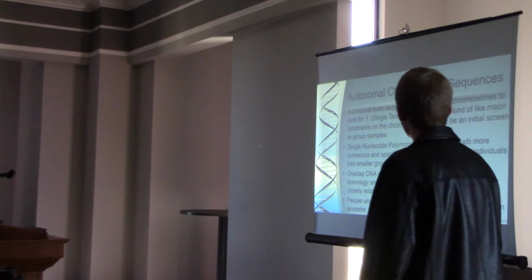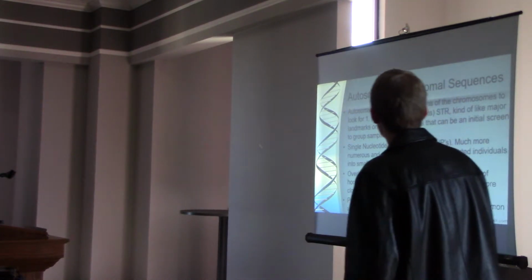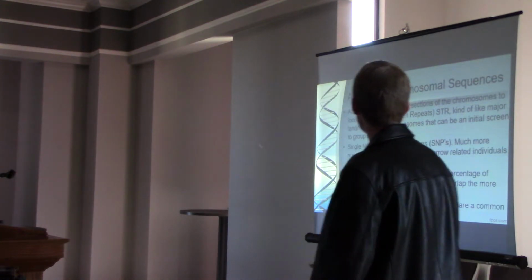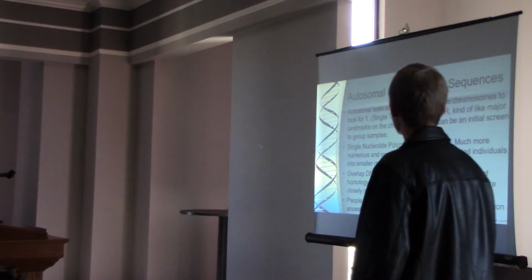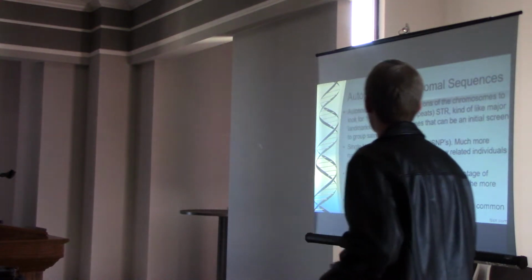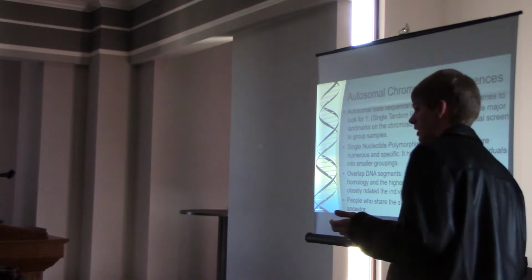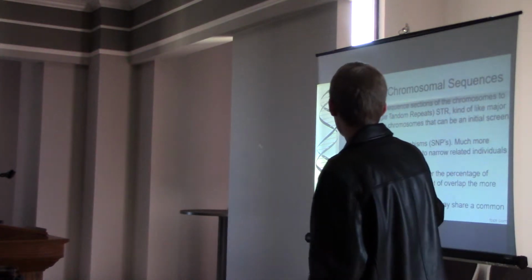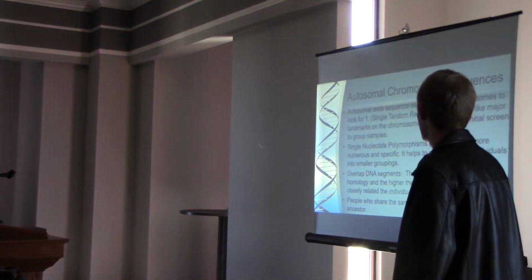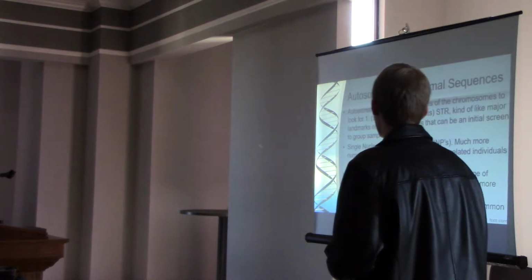So to go over a little bit about the data that's in that file, there's autosomal chromosomal sequences. Autosomal tests sequence sections of the chromosomes to look for short tandem repeats, which are basically major landmarks in the DNA, and then single nucleotide polymorphisms, which are very small landmarks in the DNA.